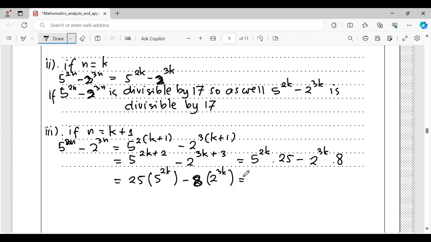And I will set like this. This is 17 times 5 power 2k plus 8 times 5 power 2k minus 8 times 2 power 3k. Okay.